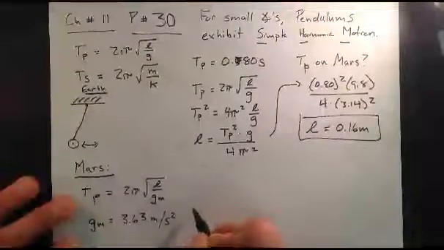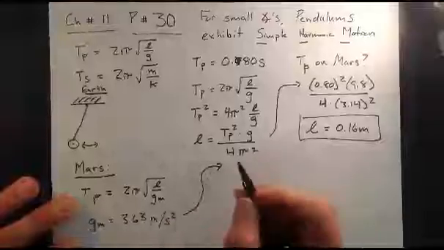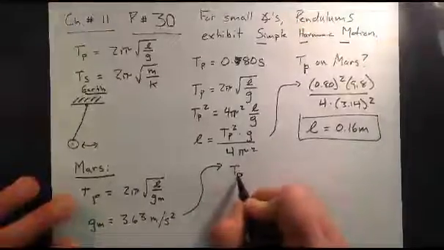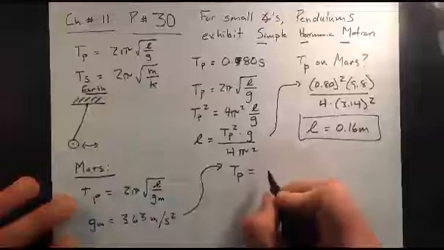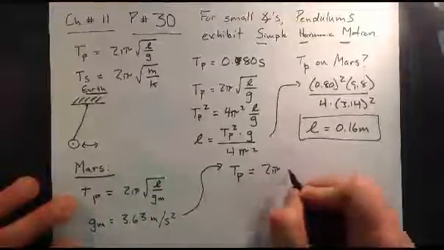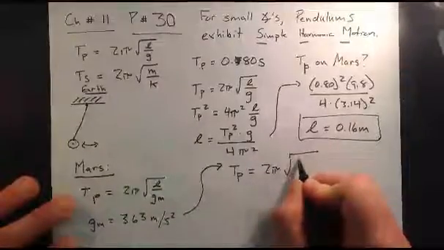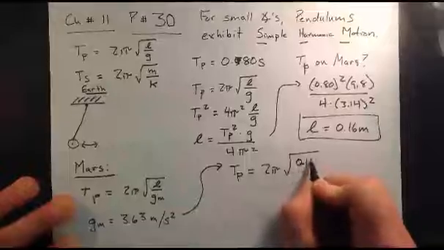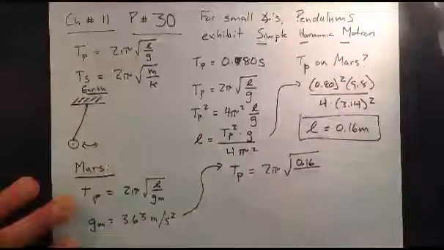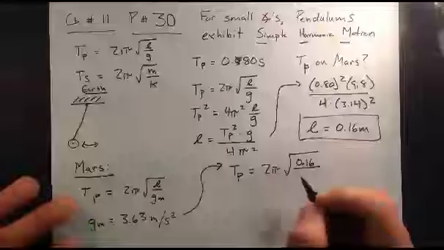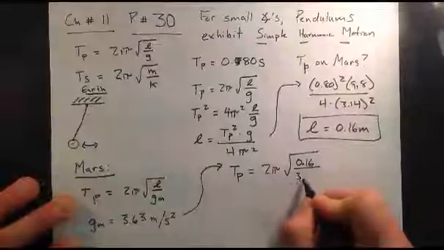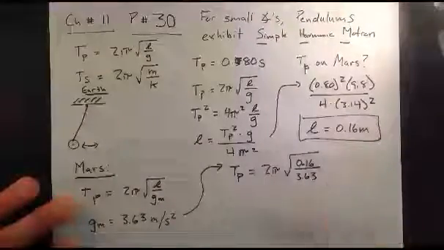Okay, so if we plug this all in here, we would get that the period of the same pendulum on Mars would be 2 pi times the square root of the length, 0.16, so the length of the pendulum hasn't changed any, divided by the acceleration due to gravity there.